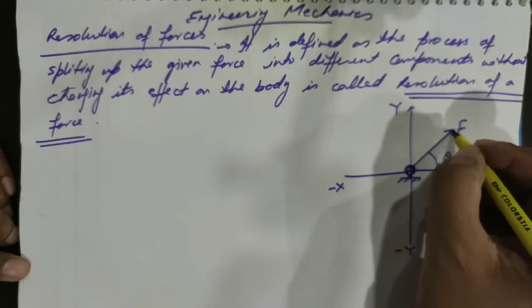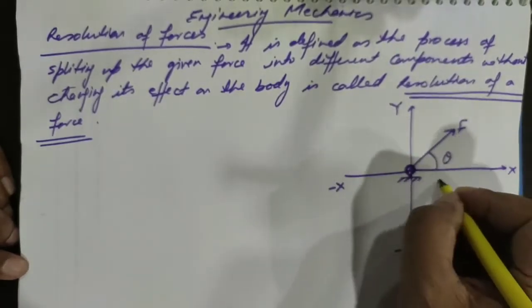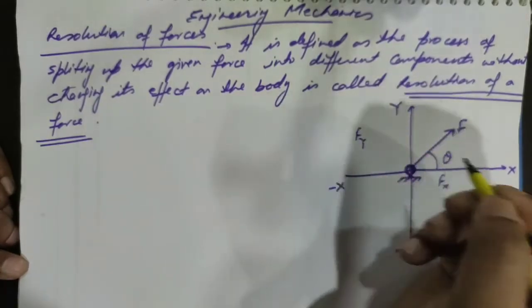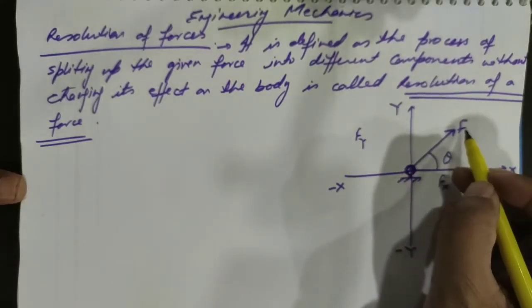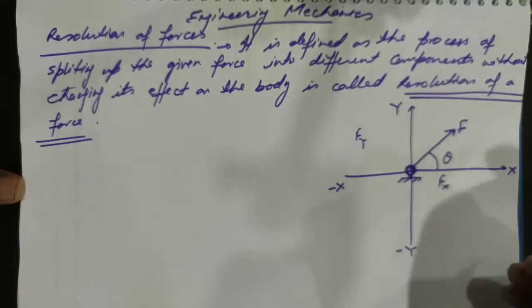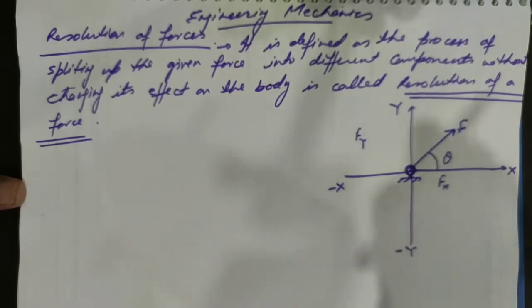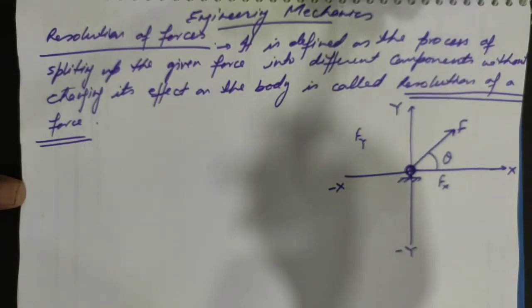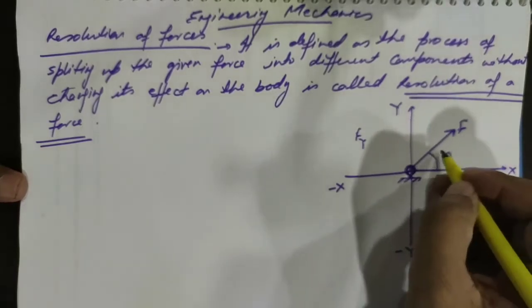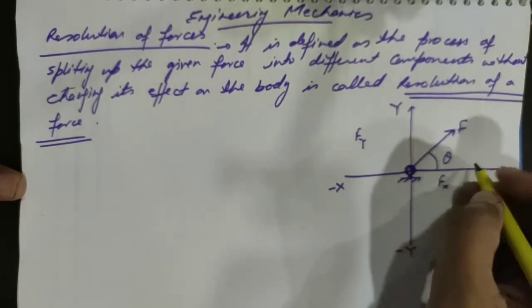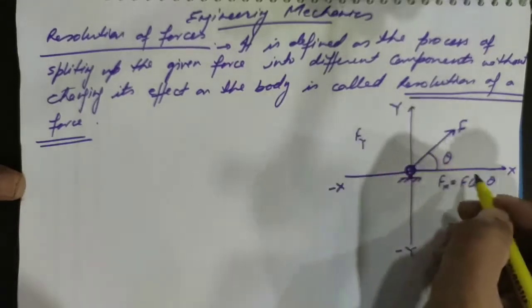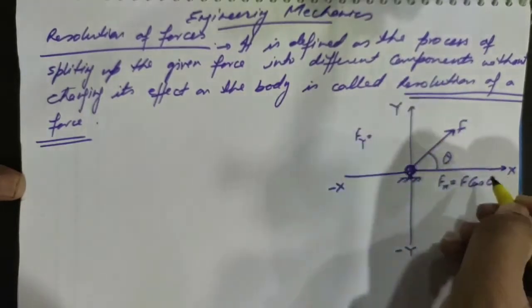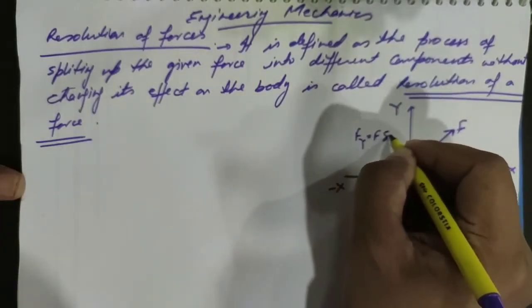If we split this force into Fx and Fy, what is the value of Fx? The force F splits into two components, F cos alpha and F sin alpha, and the cos component always comes along the line from which we took the reference angle. We took the reference angle from horizontal x, so that will be F cos theta, and perpendicular to this we get the sine component, F sin theta.